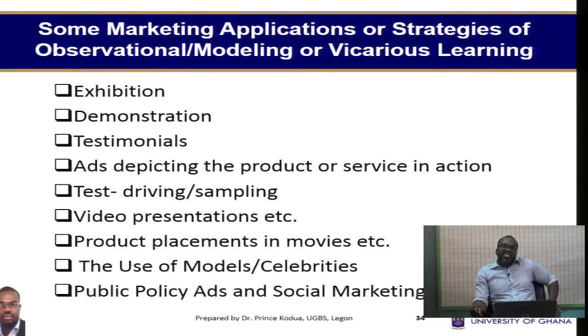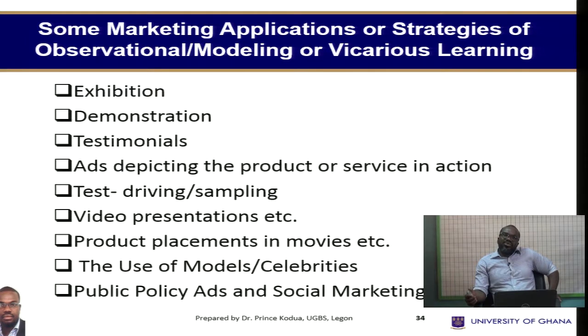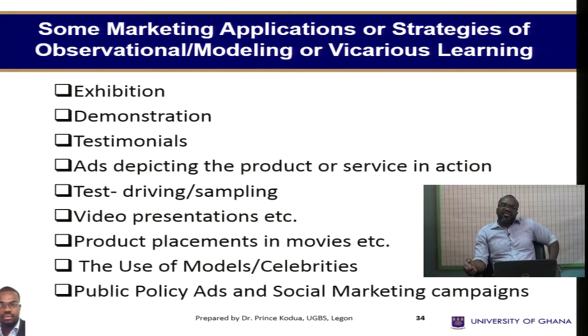Where possible, there should be exhibition. Marketers can do some kind of demonstration where they don't have to experience the product directly. Marketers can resort to the use of testimonials, but of course there should be the issue of believability.